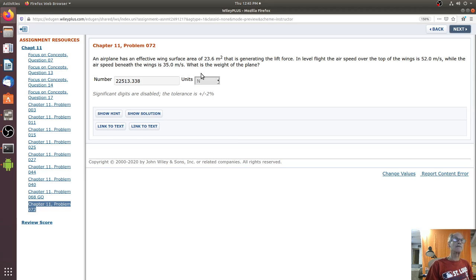This is 11.72. The first equation I'm going to use, since the top of the airplane wing is essentially at the same height as the bottom of the airplane wing. Isn't that wonderful?